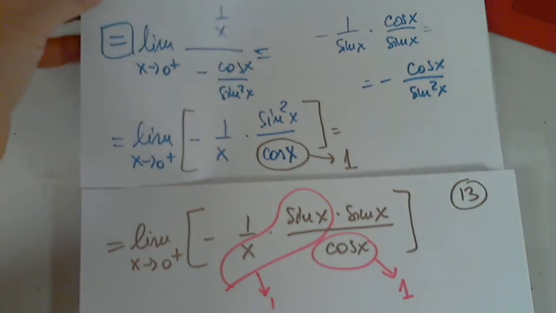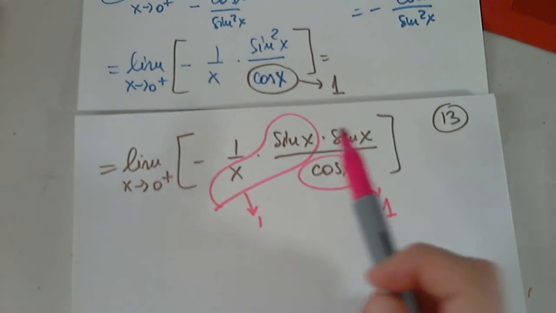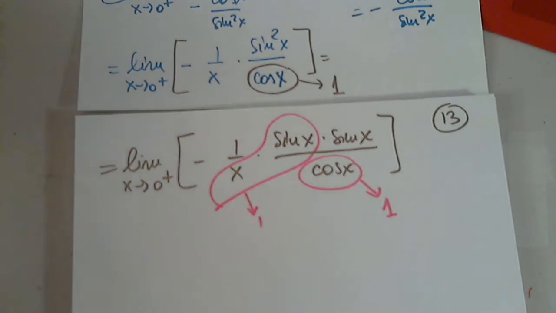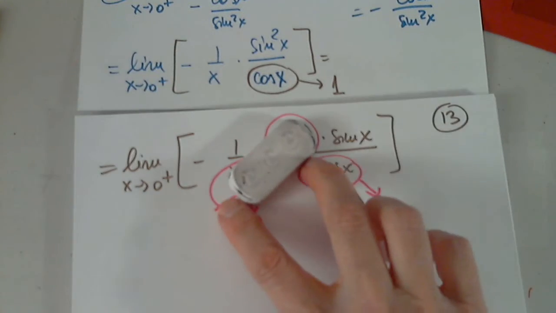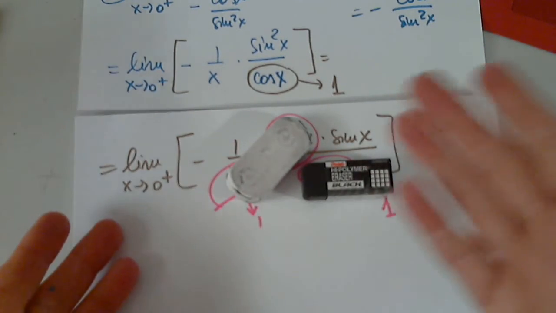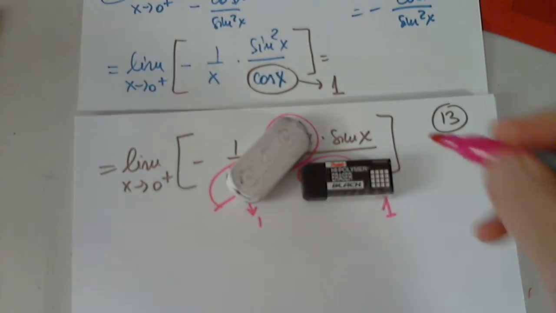We talked about that limit many times, and we know that the limit of sine x over x when x approaches 0 is 1. And what am I left with? This is gone. This is gone. So I have sine x, which is 0 from the right. 0 times negative 1 is 0.